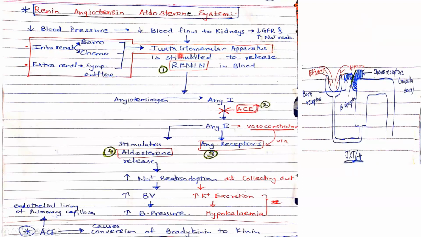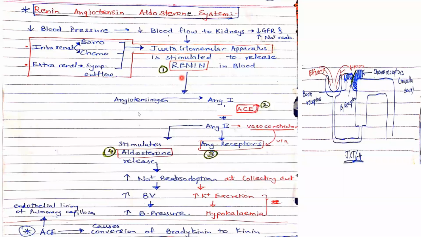So overall, when the juxtaglomerular apparatus is stimulated to release renin in blood, what does this renin do? Renin enters blood and causes conversion of angiotensinogen to angiotensin 1. Okay.